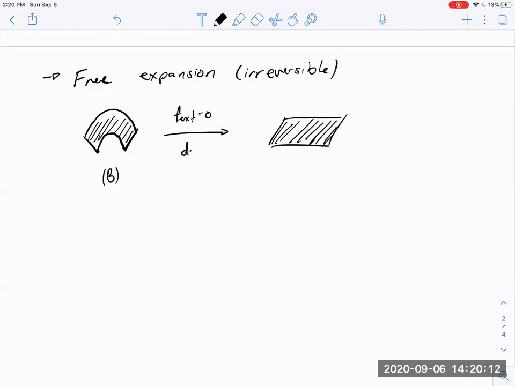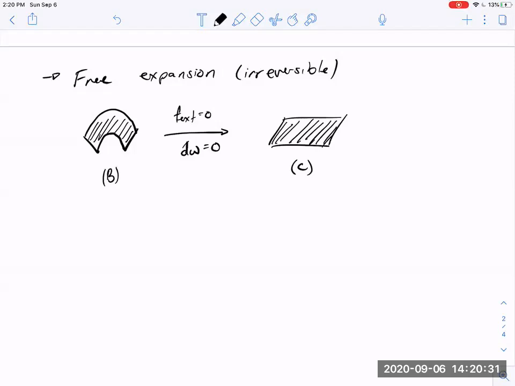If there is no applied force, the work is 0. And this is something we can expect to happen spontaneously. If I took my hands off of this elastic sheet, it would flatten out spontaneously.